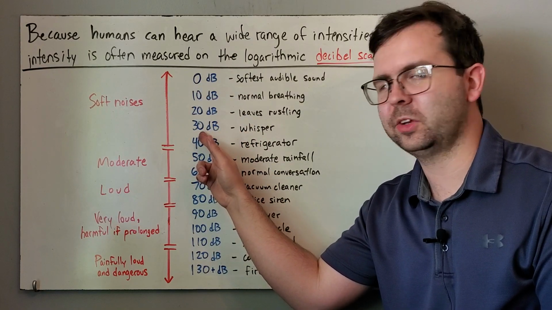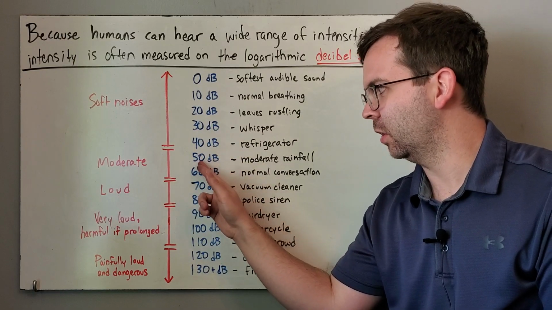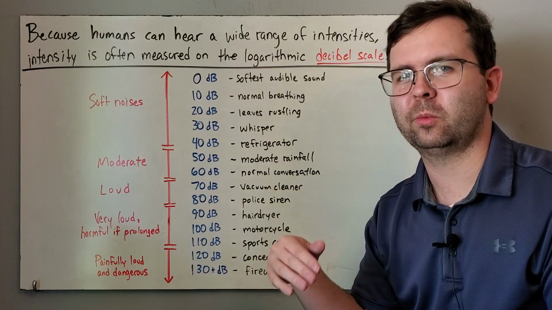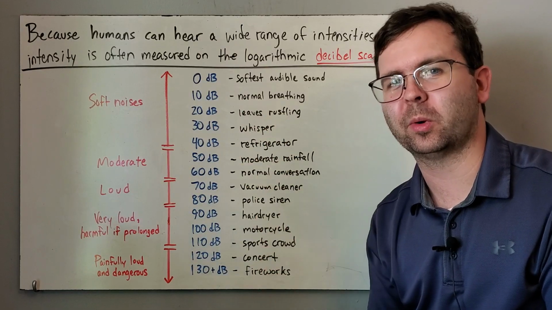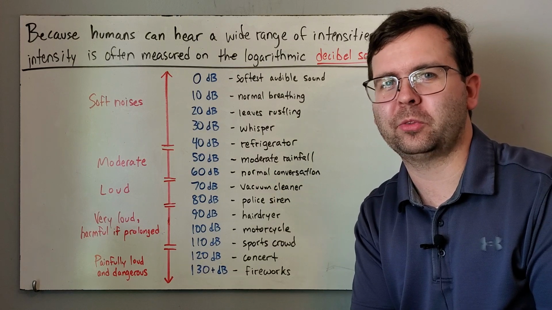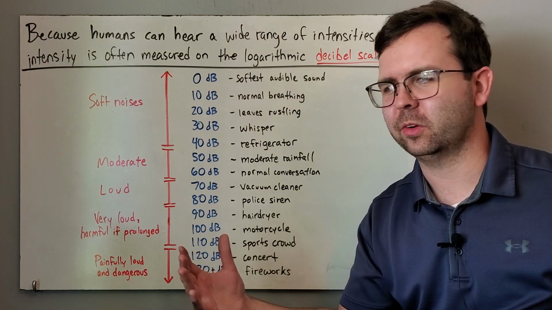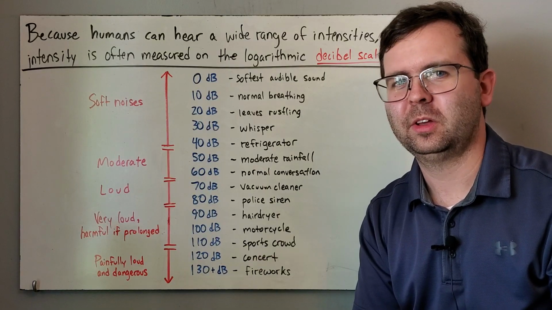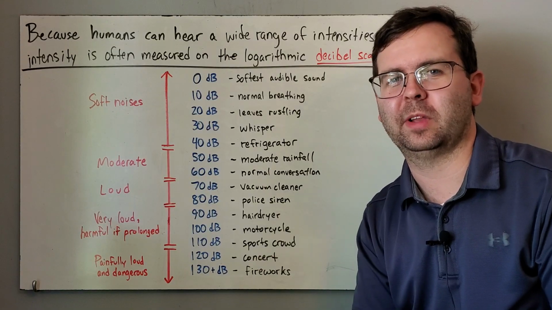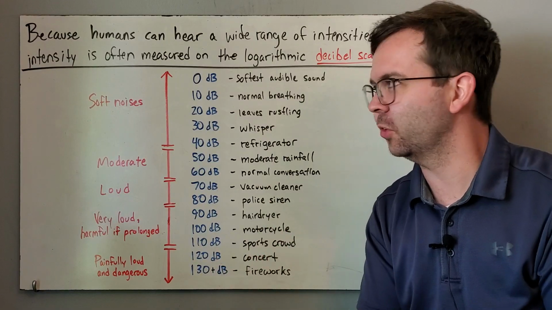So that's 10 times 10 times 10, that's 1,000 times, and 10,000 and 100,000 and so on. So we're making big steps forward in intensity levels, but that's just because our ears are built to hear a wide range of intensities. And so it doesn't sound necessarily like it's 1,000 times louder, but mathematically speaking, energy speaking, it is.